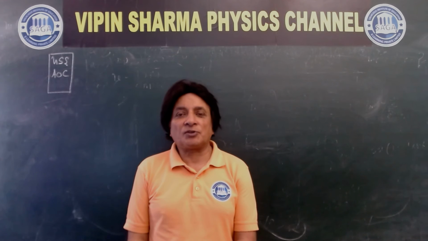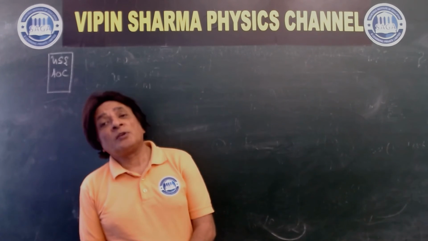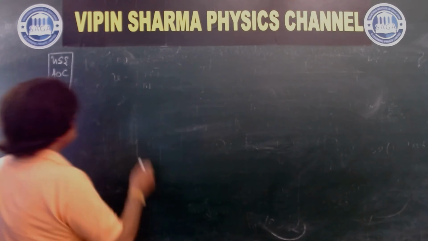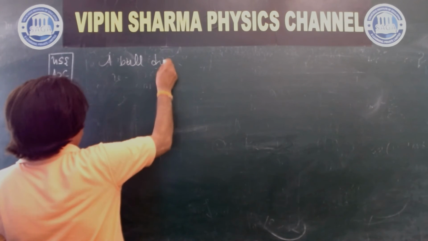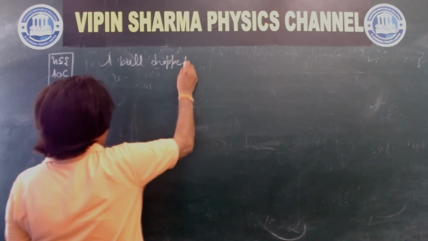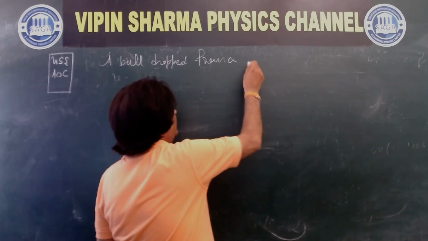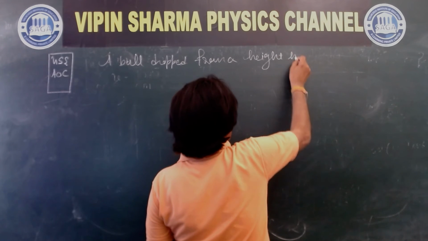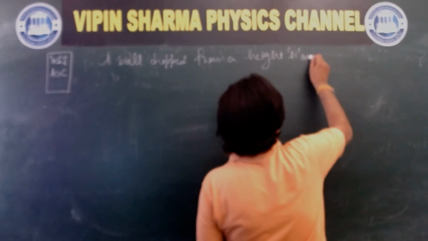And dear students, there is one doubt section of a student. The question is that a ball is dropped from a height h and it takes time t.